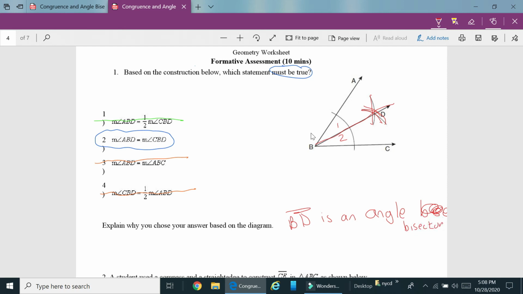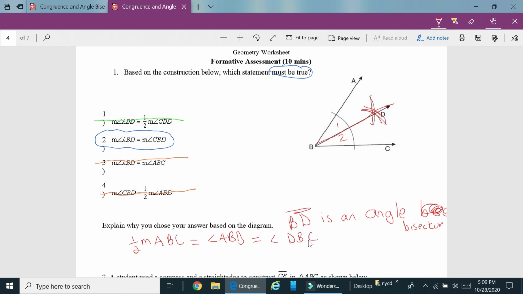Okay. Now, with that definition here, we know one half the measure of ABC is equal to angle ABD, which is equal to angle DBC.